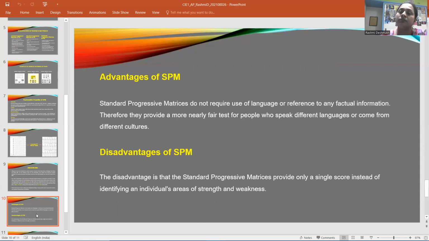As this test has many advantages, it has some disadvantages as well. One of the major limitations of this test is that it only provides a single score instead of identifying an individual's areas of strength and weakness.